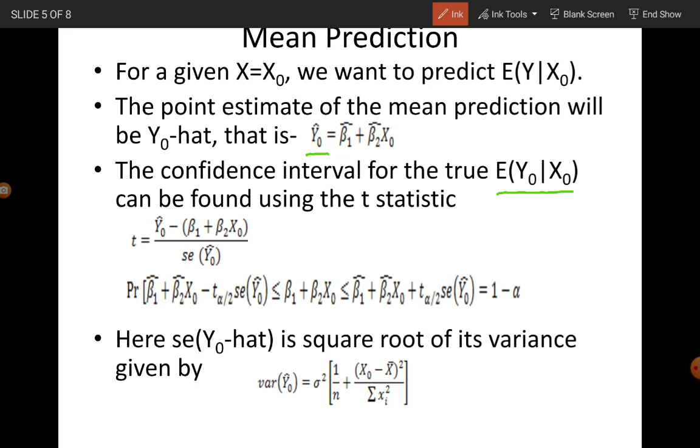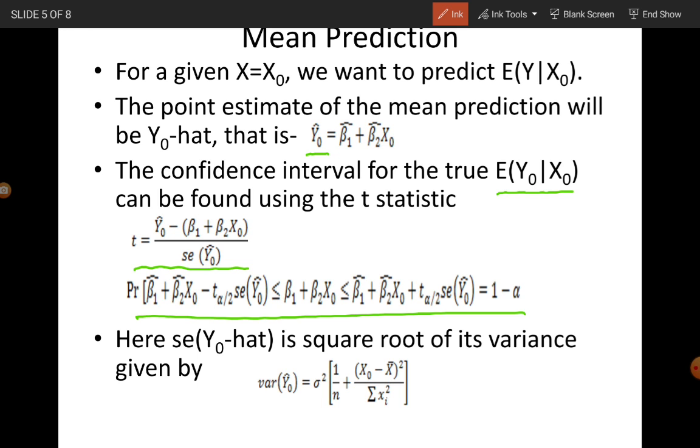So you can find the 95% confidence interval by using the t statistic. The t statistic is the estimated value y naught hat minus the mean value, divided by the standard error. So this is the formula for the 95% confidence interval or 99% confidence interval, which depends on the value of alpha you have chosen.